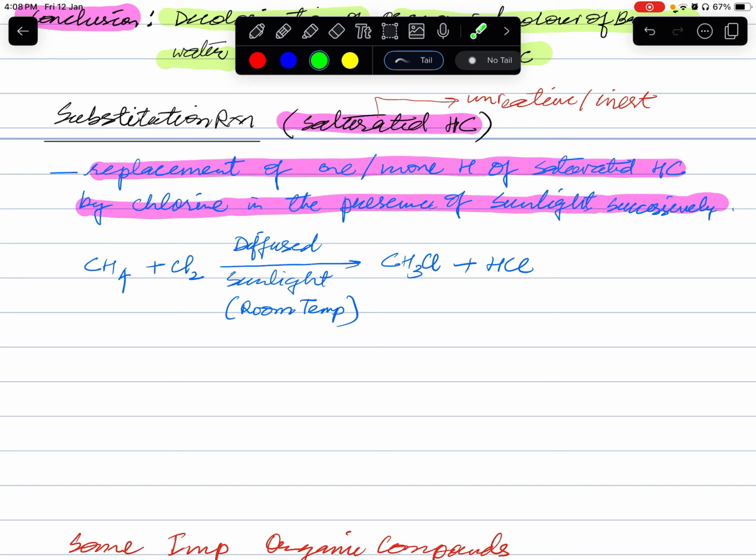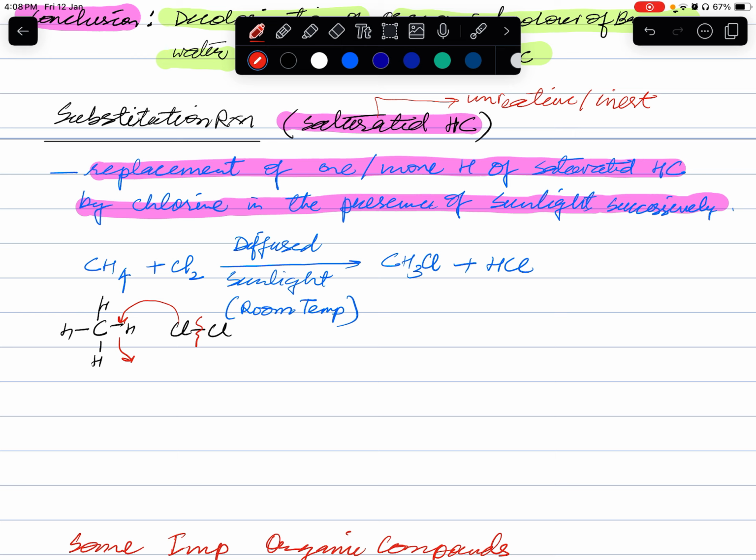And what is the product? We can show methane like this, with four single covalent bonds with four atoms. Now the chlorine molecule is made up of chlorine atoms. So this chlorine molecule will break and replace a hydrogen from this compound.